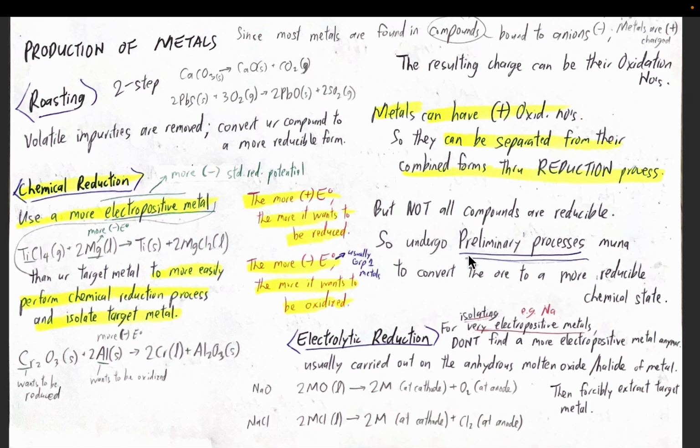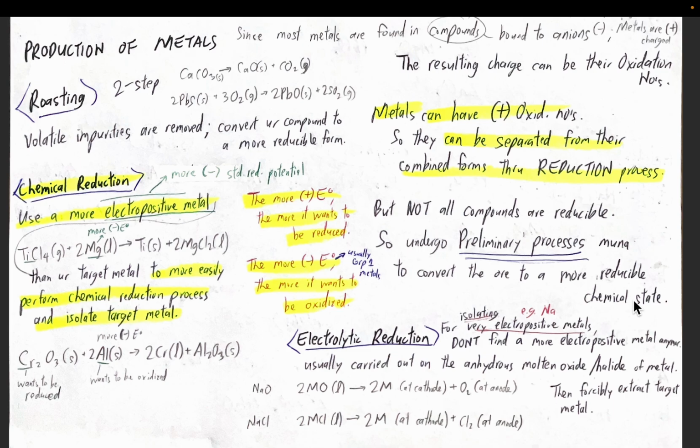You have to undergo preliminary processes first in order to convert an ore to a more reducible chemical state. I don't think I answered the question I just asked, but it has something to do with being reduced.